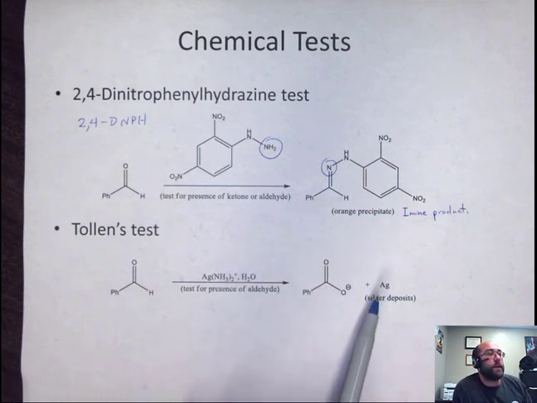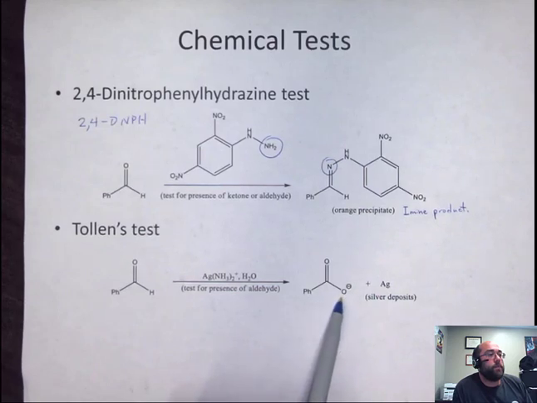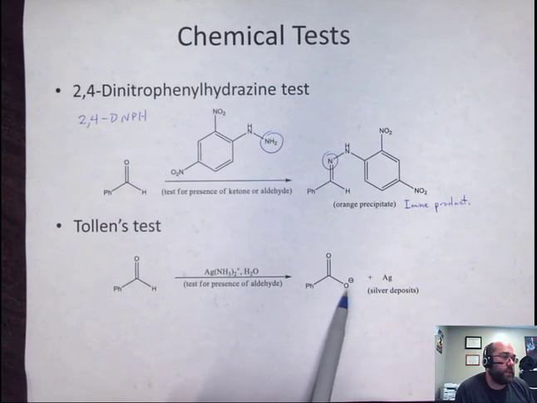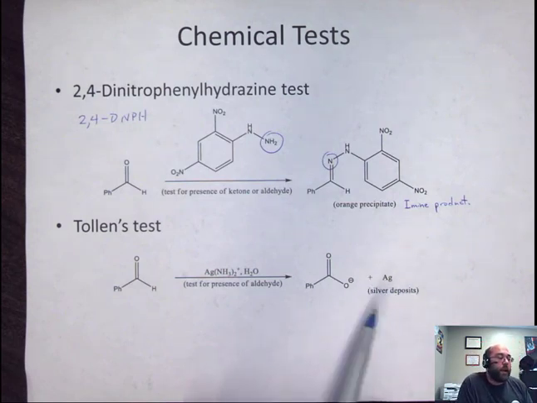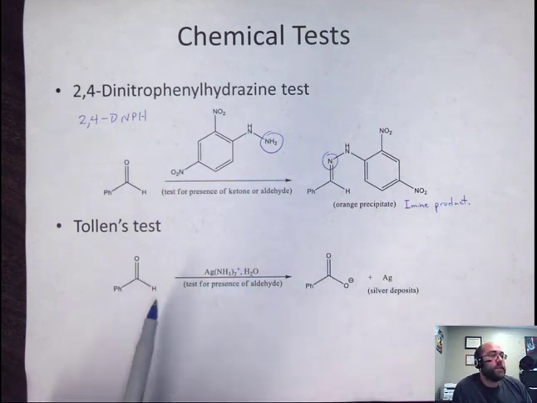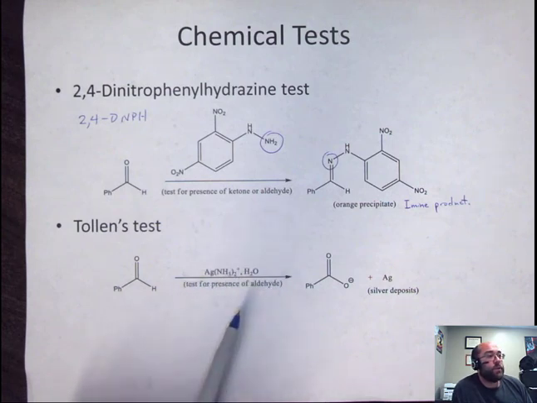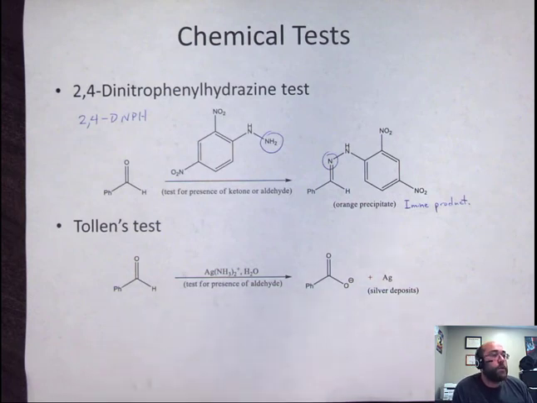where you get this carboxylate product, which we're not really going to see in terms of color or anything, but we will see silver solid forming. And actually, something very similar to this Tollens test is used to make Christmas ornaments. If anyone has ever seen those glass balls that are really shiny, with that metallic shininess, it's because they have silver coated on the inside of them.